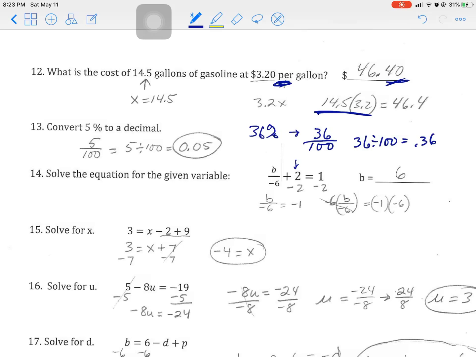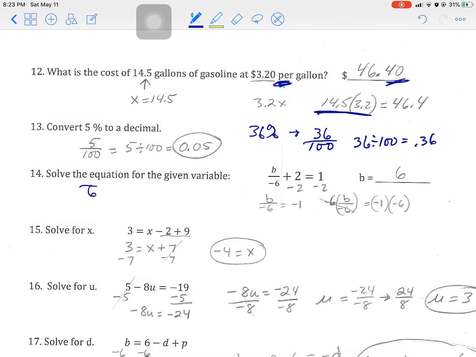So I can move the 2 by subtracting 2 from both sides, okay? That'll end up with b over -6 equals -1. So if we multiply both sides by what's on the denominator, that'll cross out, right? So you're left with b, and then negative times a negative is a positive. So that's one way to do that problem.